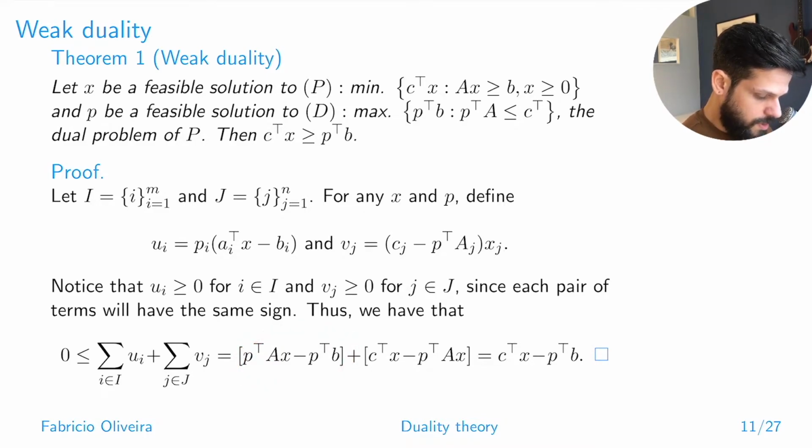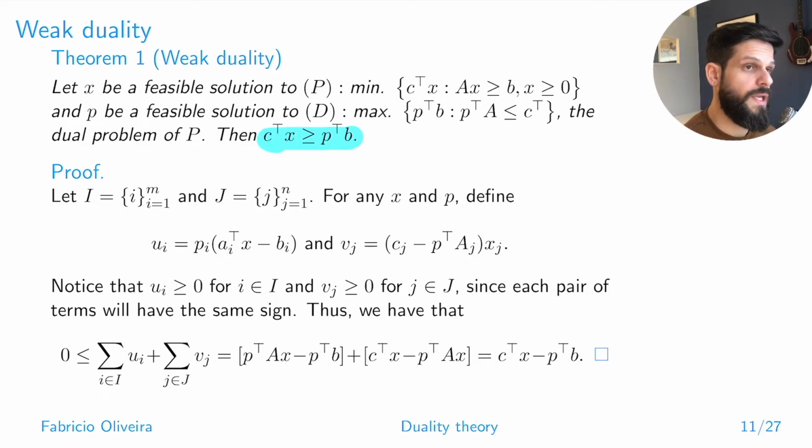Doing the same here, I get cx and pAx. And I can see that this term cancels out with this. So this minus this is greater than or equal to 0, which is the same as saying this. And that proves that duals are indeed lower bounds for the primal problems. And that's the weak duality result.